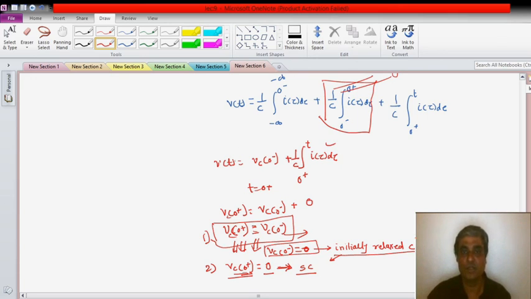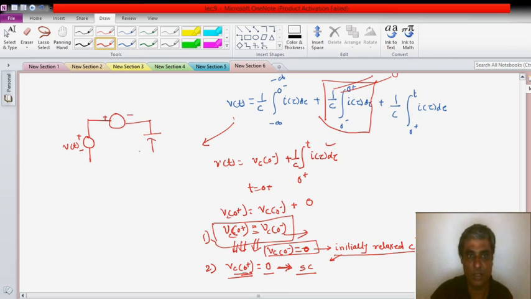Okay, so for this let me draw its equivalent network. Let's say I have applied a time varying voltage V of t. This will now be in series with Vc of 0 negative, and this will be my C, the initially relaxed capacitor.